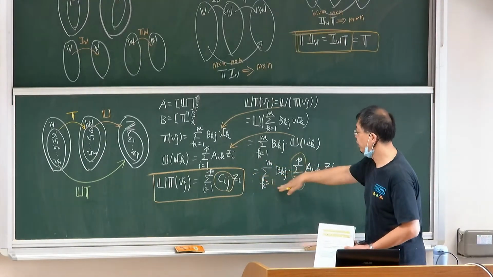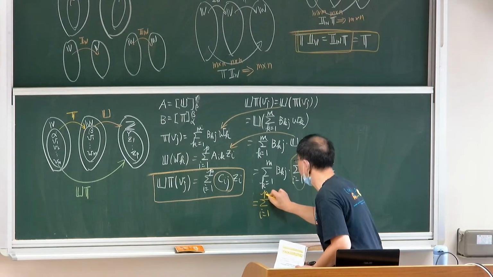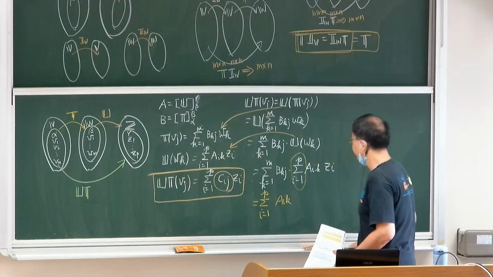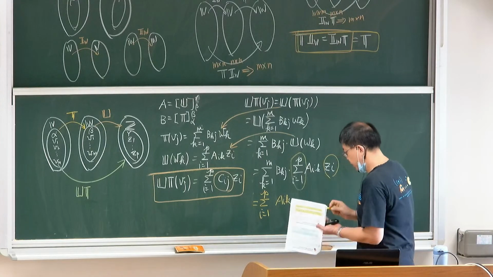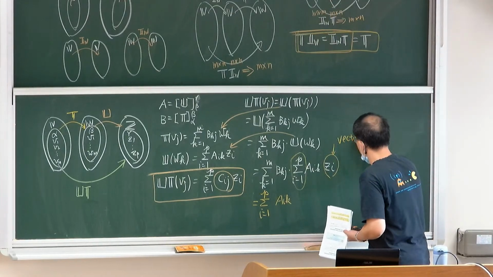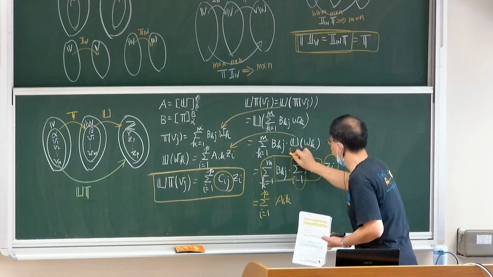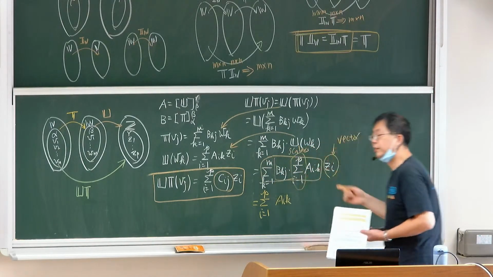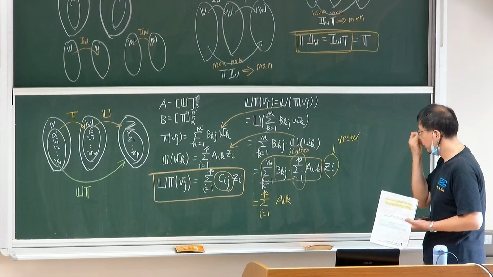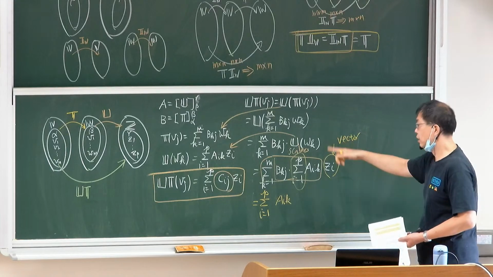I have summation I equals 1 to P, then I have AIK. Because Zi is a vector, but these other terms are all scalars, Zi is the only individual vector in this expression.